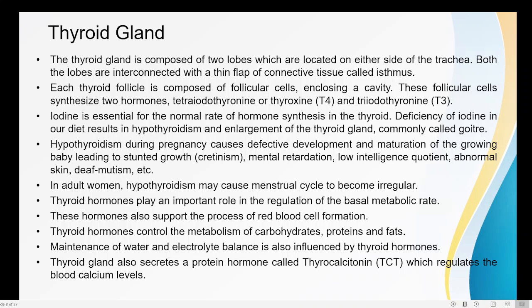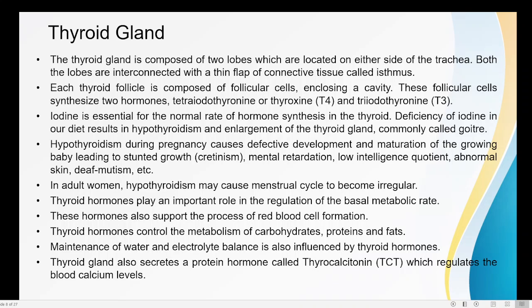Now, one important feature that you must understand about the thyroid gland is that sometimes when you go to doctors, they may say the thyroid has some problem. The thyroid gland has an important role in controlling the metabolism of our body. Almost all the organs and activities in our body are directly or indirectly controlled by your thyroid hormone.